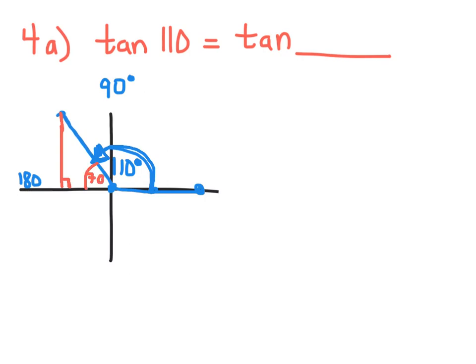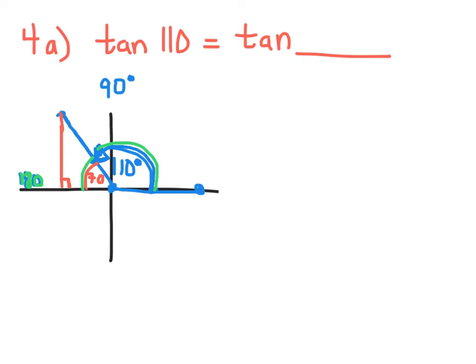How do I know that's 70? Because 110 plus another 70, that has to give me the 180. That is up into the straight line right here, 180 degrees. So that's what I have here.